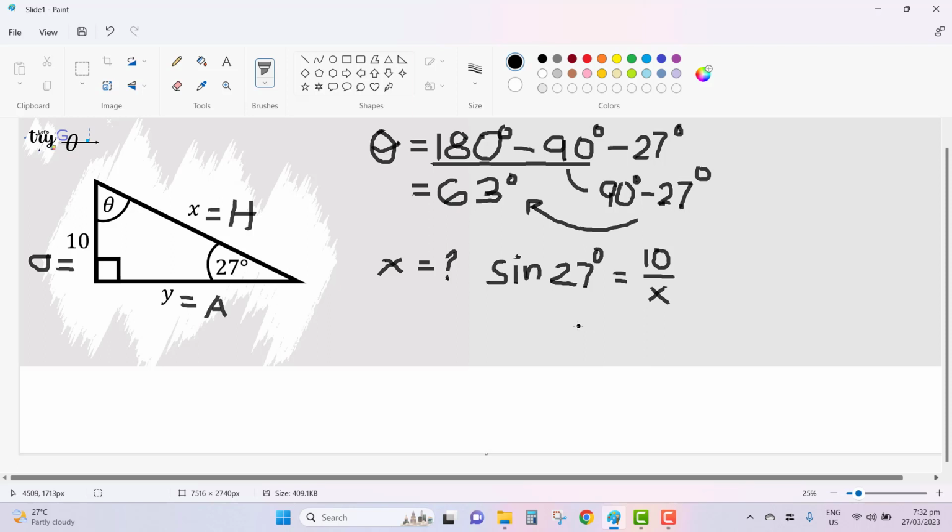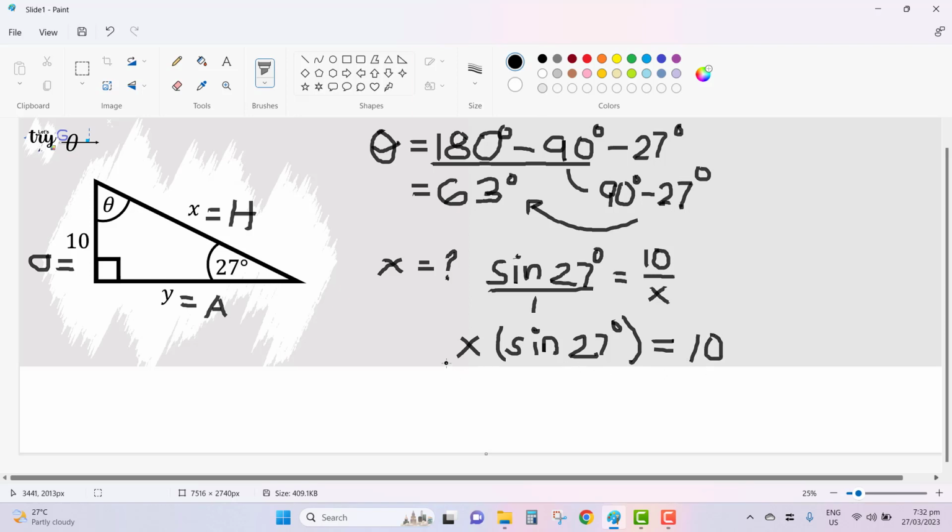To solve for this, we are going to apply the fundamental law of proportion, where we treat this as over 1, and cross multiply the values, which will give us x times sine 27 degrees equal to 1 times 10, being 10.